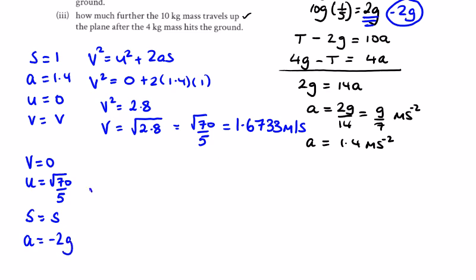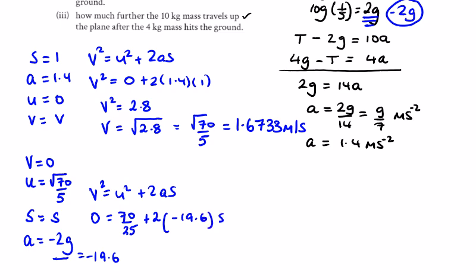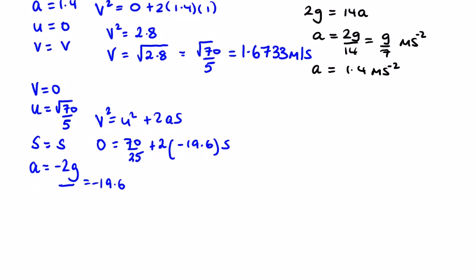So V, U, A, S, same equation: v squared is equal to u squared plus 2as. So we have 0 is equal to root 70 over 5 squared, which will be 70 over 25, plus twice a, so a is minus 19.6, minus 19.6 times s. So we're going to get 39.2s, bringing it to the left, or just use a calculator, is equal to 70 over 25.